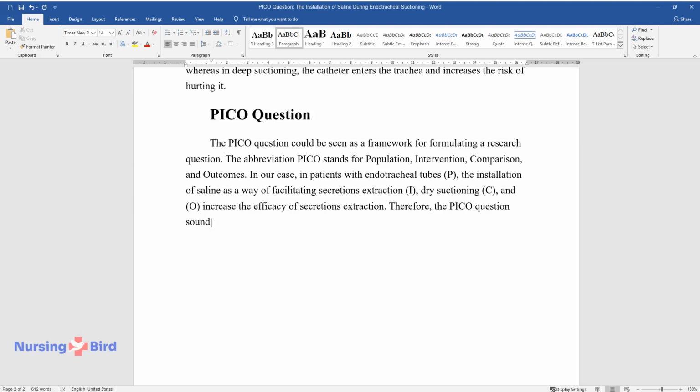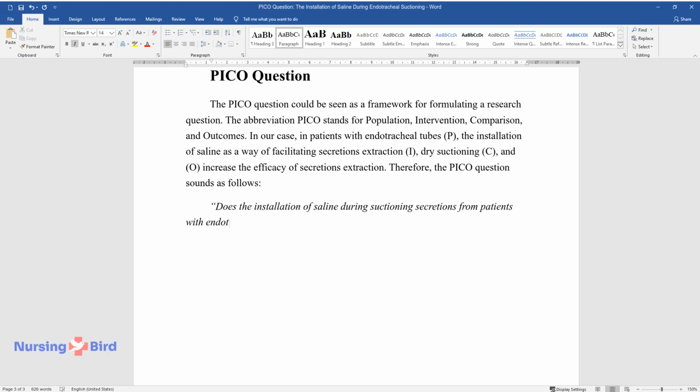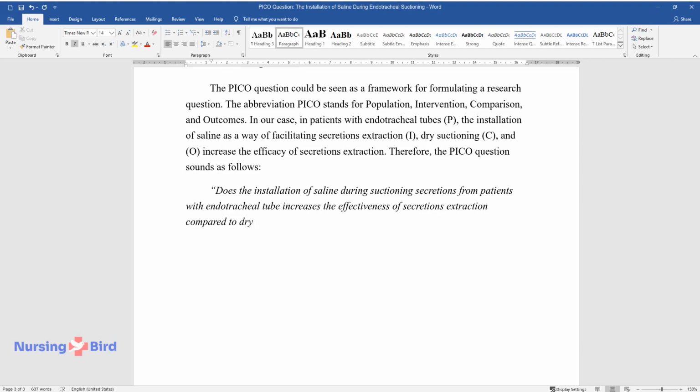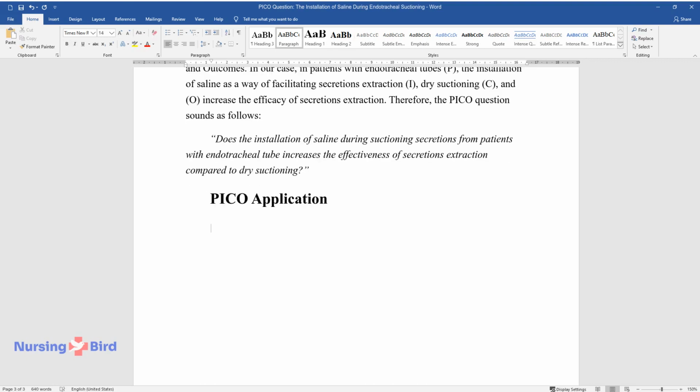Therefore, the PICO question sounds as follows. Does the instillation of saline during suctioning secretions from patients with endotracheal tube increase the effectiveness of secretions extraction compared to dry suctioning?